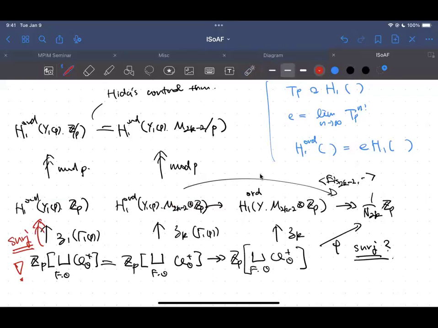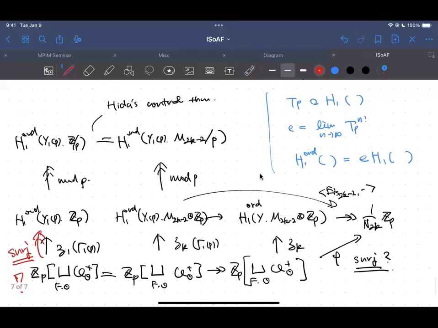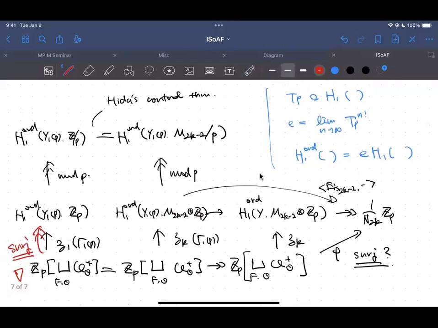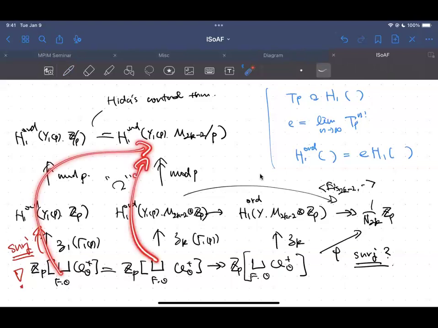And therefore, by summarizing the arguments, we can show the surjectivity first here, then it is surjective here. And actually, this is slightly not commutative, but it's almost commutative, so we pretend that it's commutative. Then since this is surjective, this is surjective.